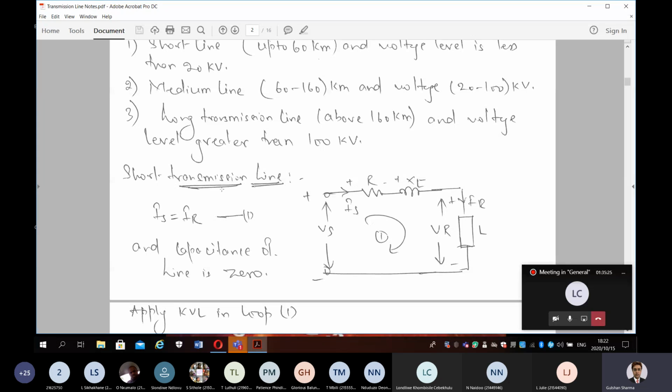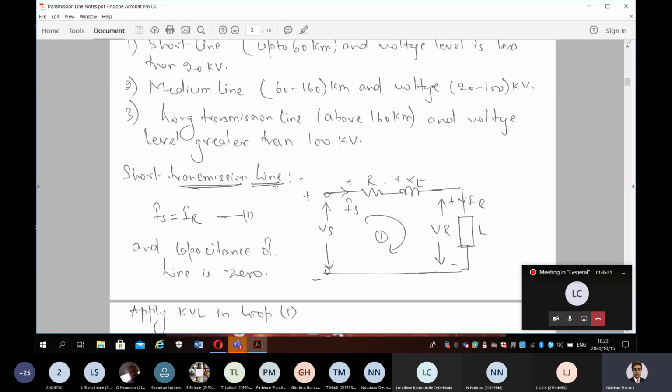Now, it's very important, guys, to understand the concept that in a short transmission line the line capacitance effect is very small. So when we do the modeling of the transmission line, we neglect the line capacitance effect.